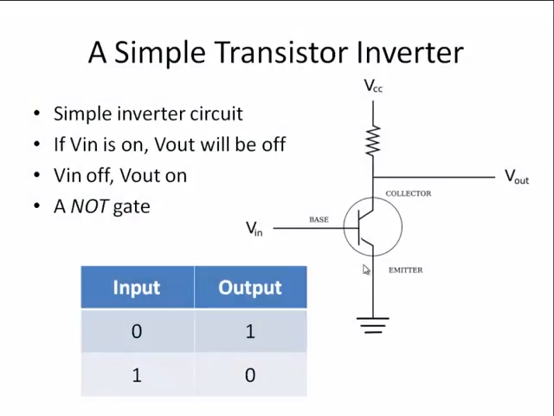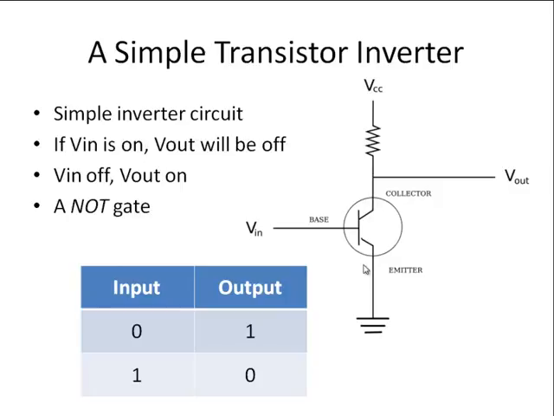And that circuit is actually a very simple form of transistor inverter. In this case, if the V in, voltage in, is on, the voltage out will be off. You can see at the emitter we've got the low voltage, and at the collector, where it says VCC, on the other side of a resistor there, that's the high voltage.